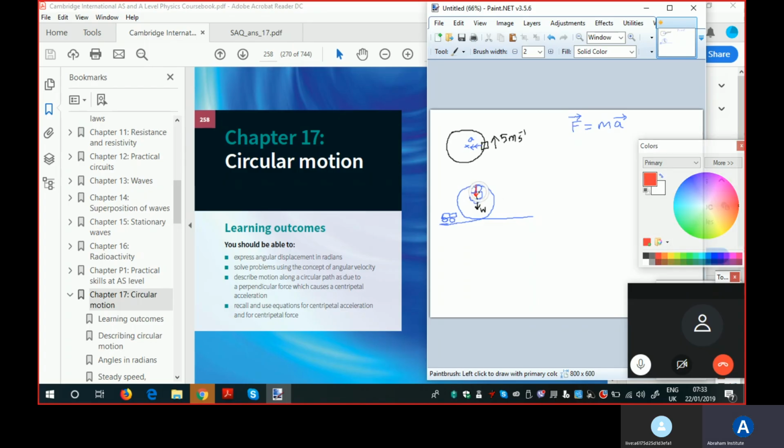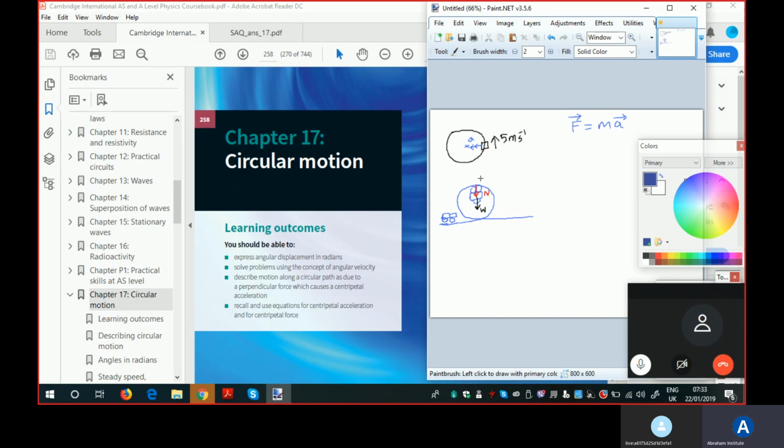You have learned this in the AS class, the different types of forces. Always the normal contact force is perpendicular to the surface it is exerted from. Normal contact force is also called the normal reaction force or the contact force. So normal contact force, normal reaction force, contact force, normal force, all mean the same thing.